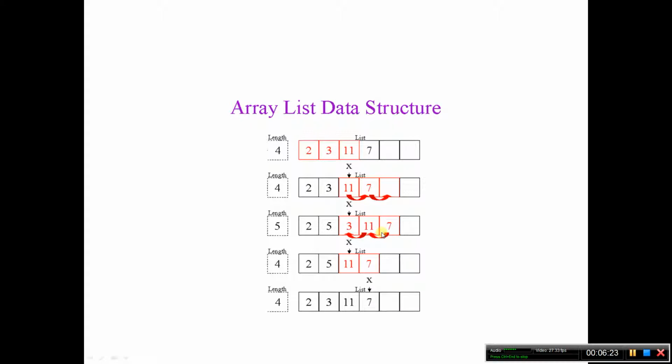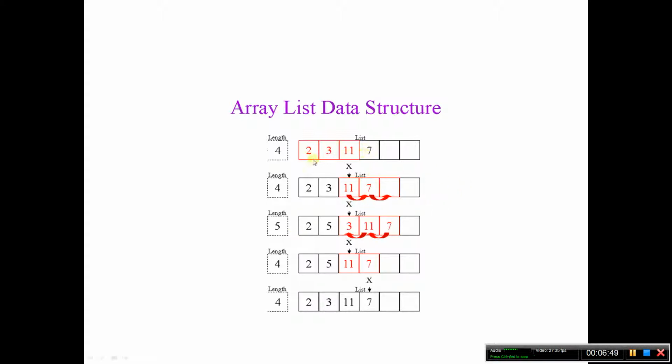So again I have to update the indexes for all the elements towards the right side. During insertion all the elements have to move towards the right, and during removal they have to move towards the left. Why should I do so? This is going to make insertions or removals a little slower in terms of performance in the array list.